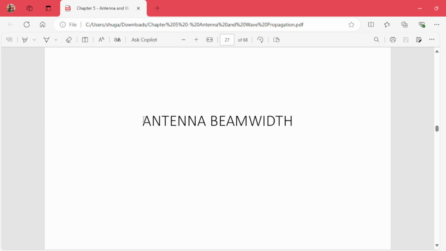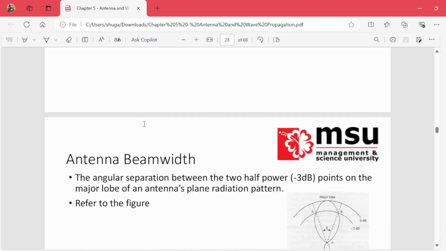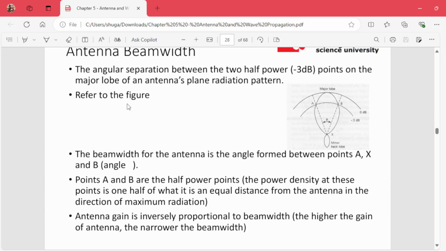Alright, next is the antenna beam width. It is the angular separation between the two half power, or minus 3 dB, points on the major lobe of an antenna's plane radiation pattern, as you can see here. The beam width of the antenna is the angle formed between point A and point B, this angle.